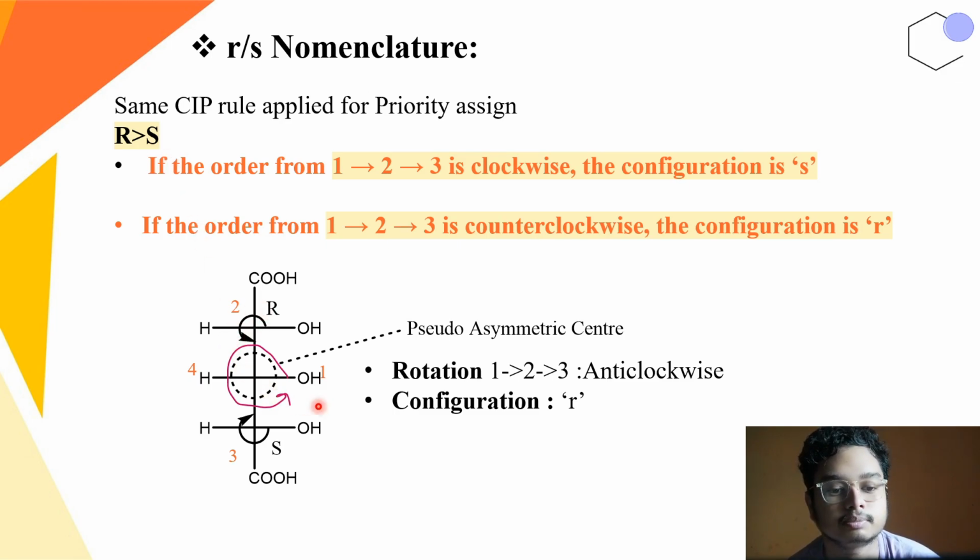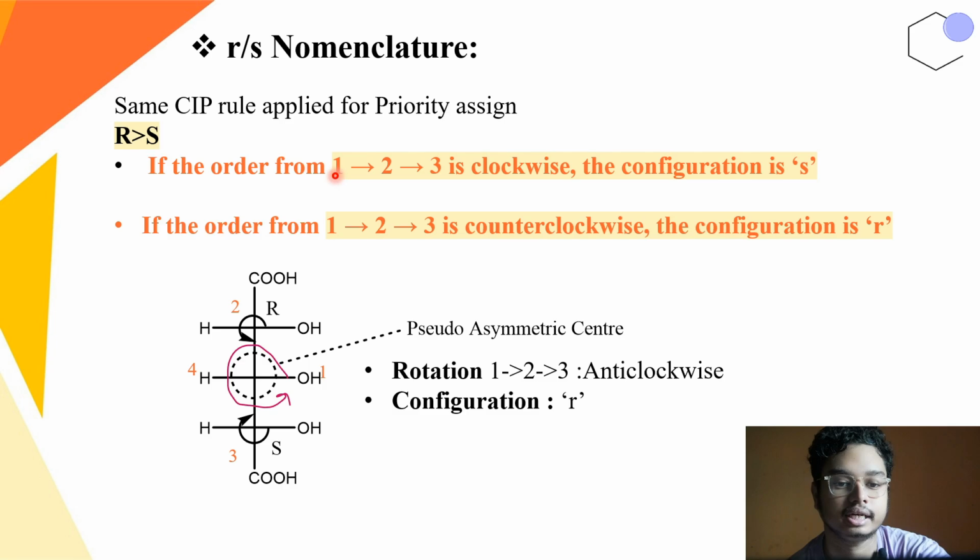So in this group, this OH will definitely be 1 because of the highest mass. Then this particular carbon having the R configuration gets greater priority than the S configuration, so it will be 2. And this will be 3, and this will be 4, hydrogen.